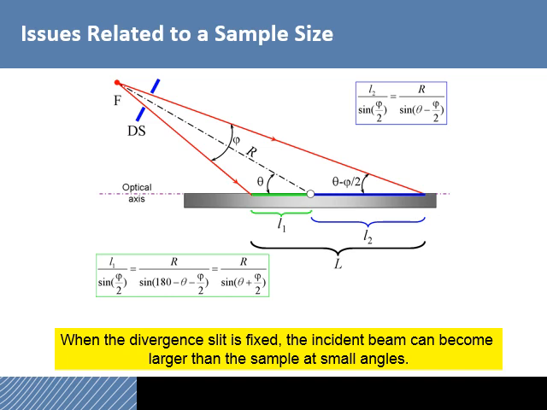Using the relationships given on the slide, and based on the size of the divergent slit in the diffractometer, you can actually calculate how wide the beam will be at various angles. The importance of this is that at very low angles, the beam is probably going to be off the sample and hitting the actual sample holder itself, which will result in background. So you'll get some scattering from the sample holder.